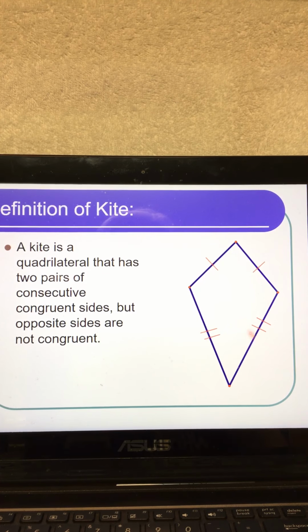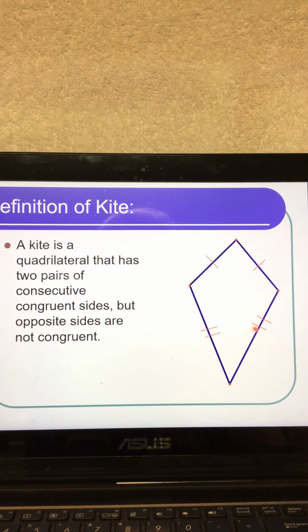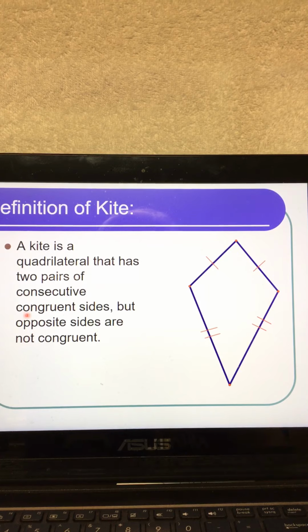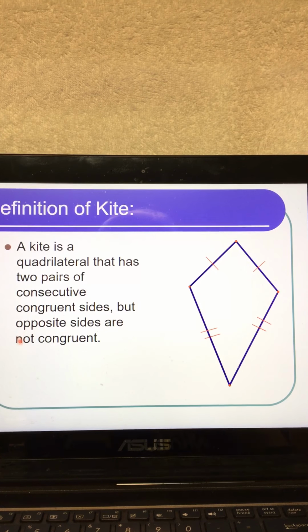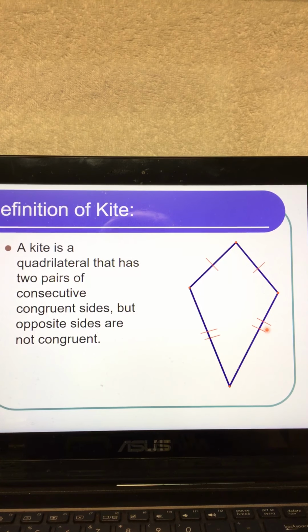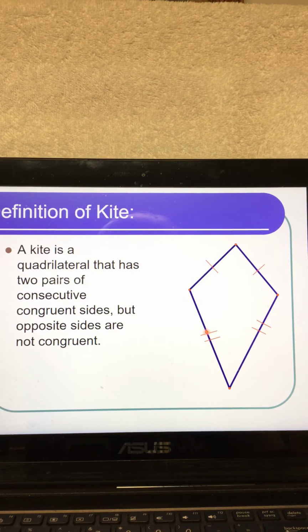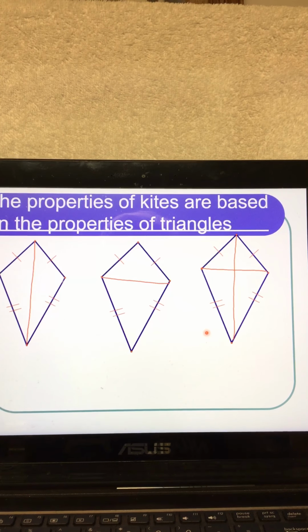Now, if opposite sides were congruent, this would become a rhombus. So that's why they make this statement in here, opposite sides cannot be congruent. So make sure that you're looking at a kite and not a rhombus.